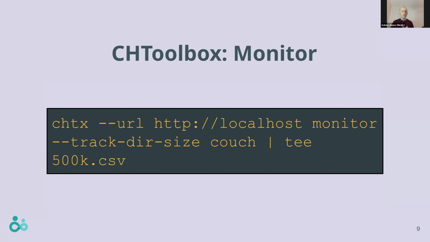So one of the features that Josh touched on in the CHT toolbox is the ability to monitor the disk usage. And what we were able to do is by running this repeatedly, we could generate a CSV.